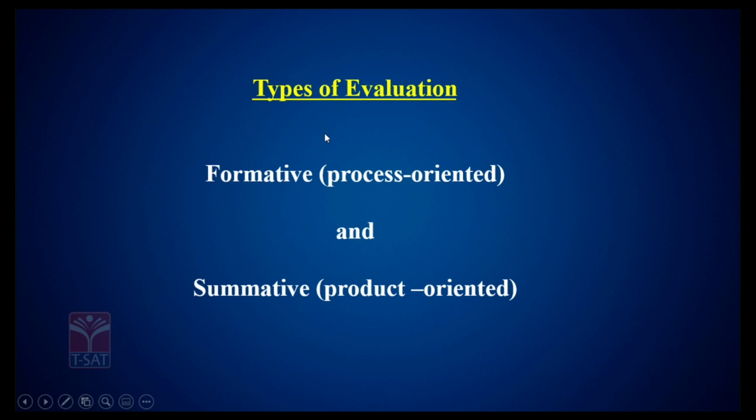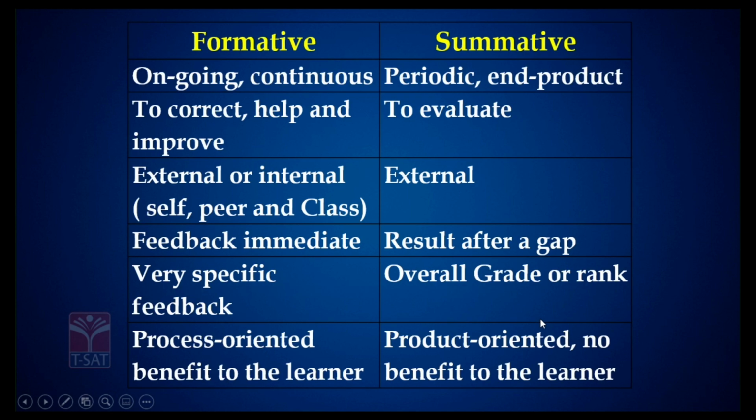And evaluation. There is a slender difference between assessment and evaluation. Evaluation can be considered as academic assessment, and we can see 2 types of evaluation: formative evaluation and summative evaluation. Formative evaluation is process oriented and summative evaluation is product oriented.